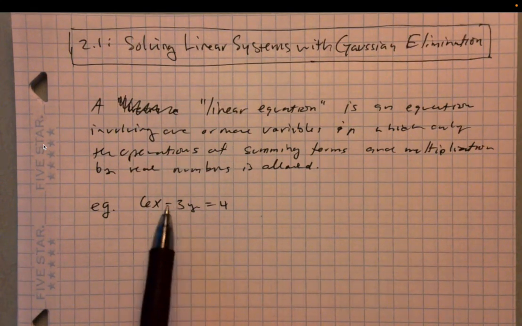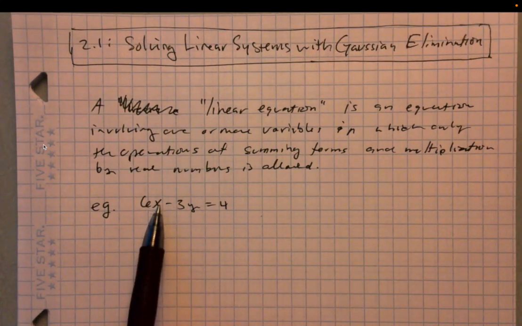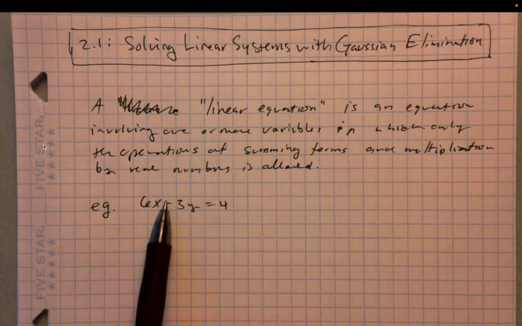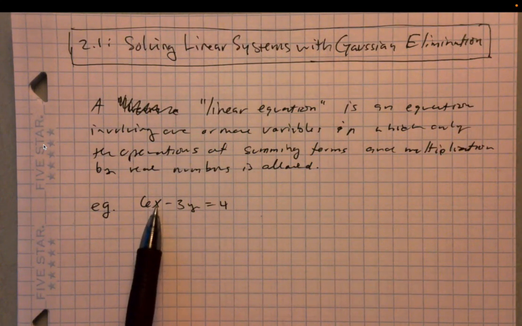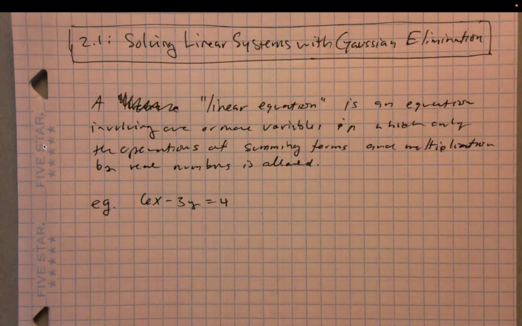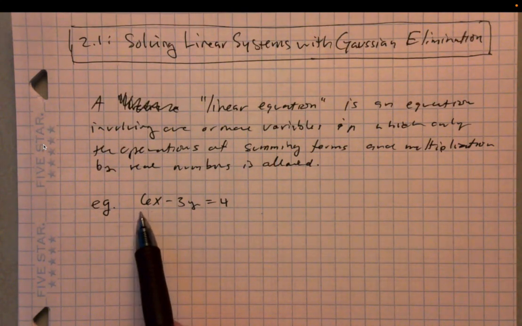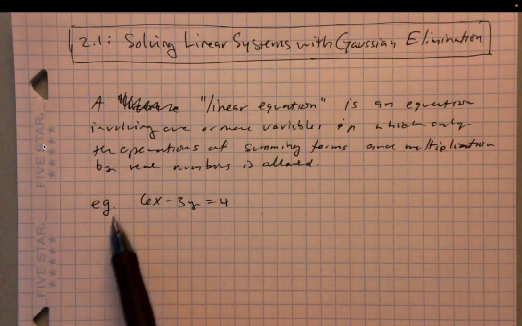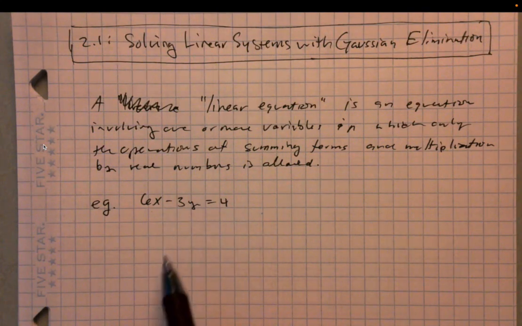Well, we don't have exponents other than 1. We don't have things like square roots, which would be like rational exponents. We don't have variables in the denominator, so we don't have negative exponents, really. So I think one of the key ways to characterize a linear equation is that the exponent on the variables is always 1.